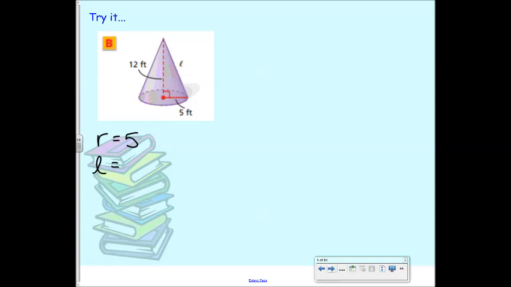So what's my a? 12 and 5, it doesn't really matter. What's 12 squared? 144. And what's 5 squared? 25. 144 plus 25 is 169. So c must equal 13, because 13 times 13 gives you 169. So L is equal to 13.